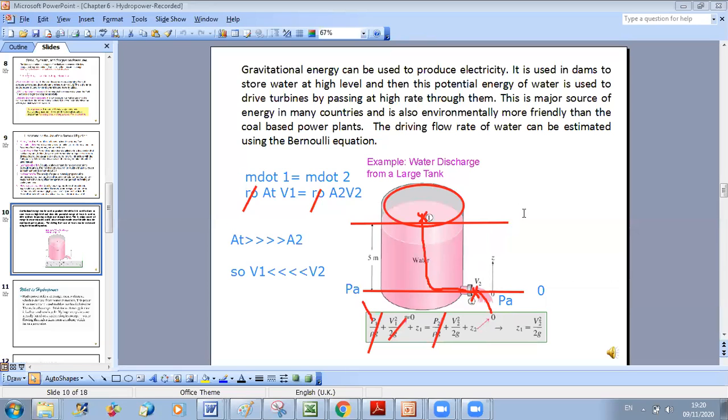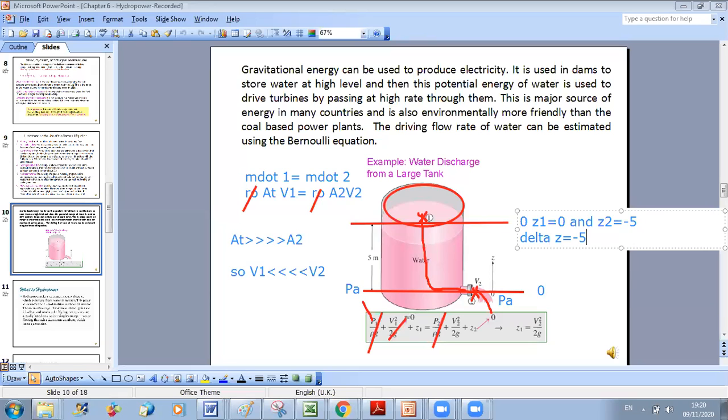And if you choose your 0 above, you will obtain the same result. Because if you choose your 0 above, then Z1 is 0 and Z2 is minus 5. So if you do delta Z, what will be delta Z? So delta Z will be equal to minus 5.